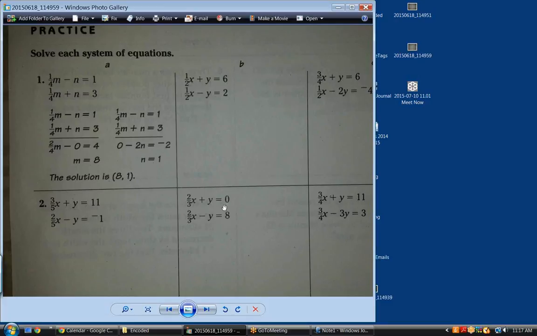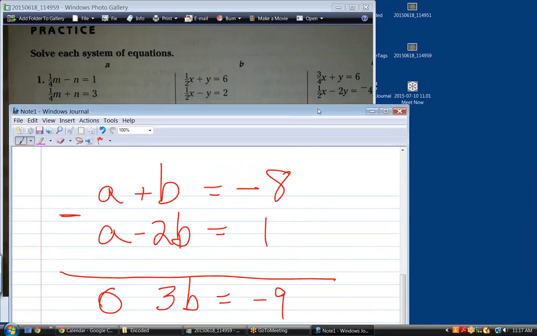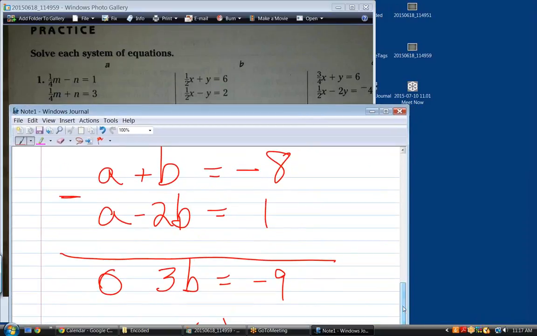Well, this is an example. Let's cover that up and do that.